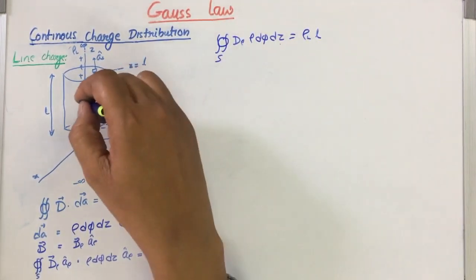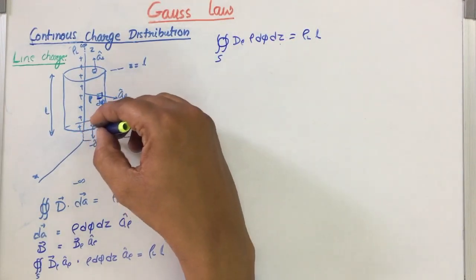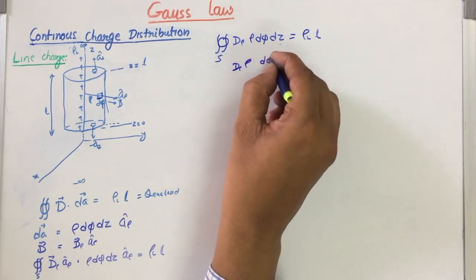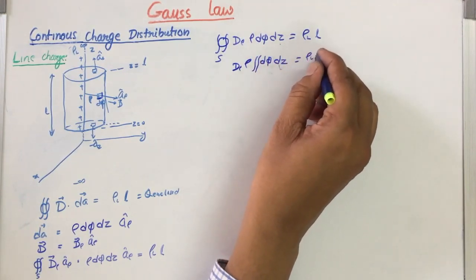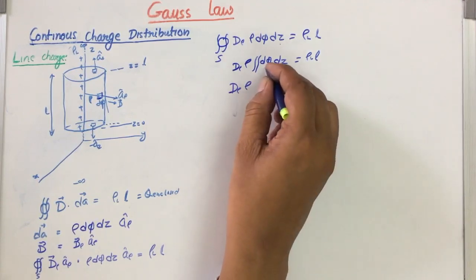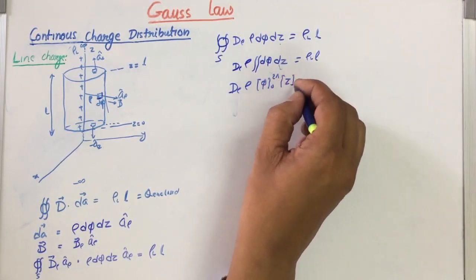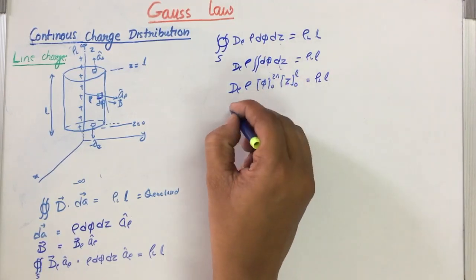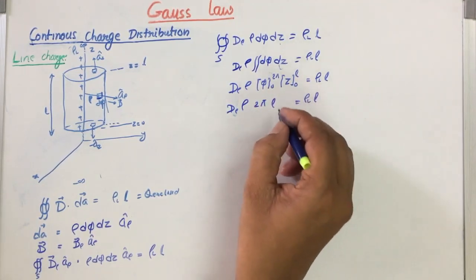The variable is only phi, which varies from 0 to 2 pi, and z varies from 0 to L. So we can write D rho times rho, integral of d phi from 0 to 2 pi and integral of dz from 0 to L, is equal to rho L times L. Simplify this: D rho times rho times 2 pi L is equal to rho L times L. L will be cancelled out from here.